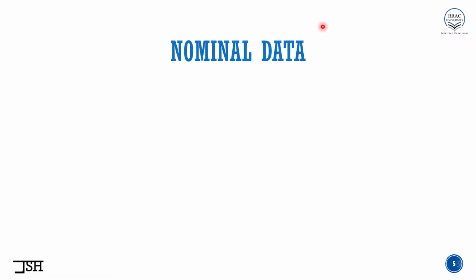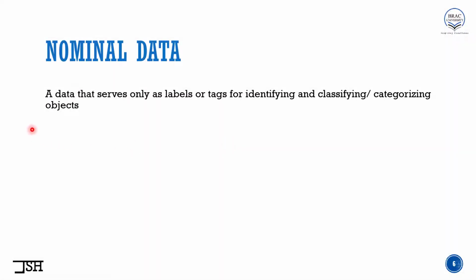So what is the main characteristic of nominal data? As we saw from the definition, the main characteristic is category. So nominal data has different categories. Again, I'm explaining this concept very soon. So what do we mean by category here? So let's move on. Again, here is the definition that we saw just earlier.